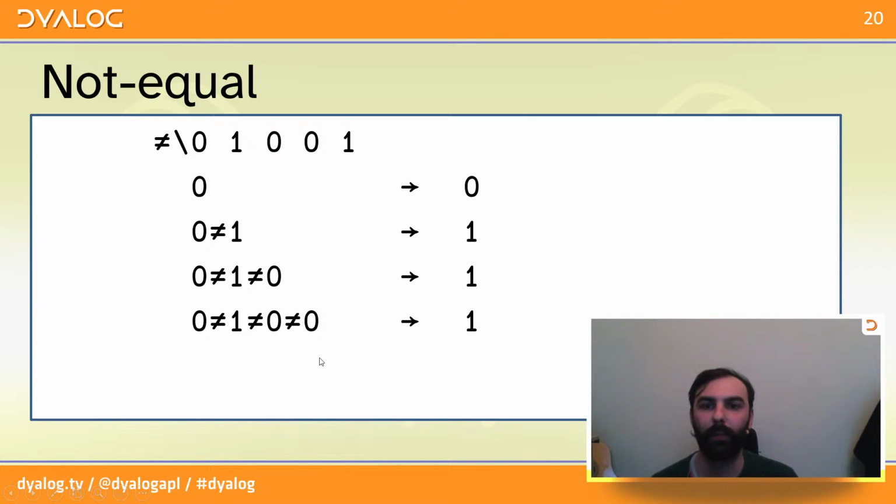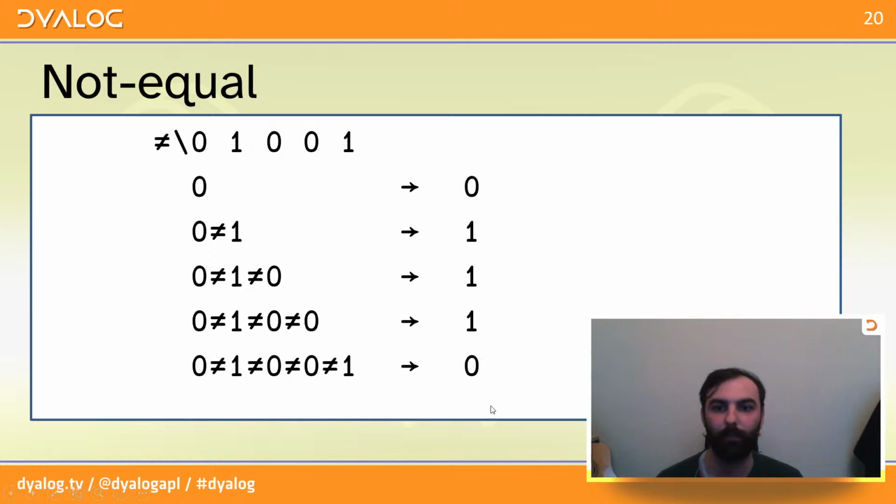Right, similar output, and then it's not until we get to this 1, so there's now an even number of 1s there, so 1 not equal to 0, that's true. 0 not equal to 1, that's also true. 1 not equal to that 1 is now false, and 0 not equal to that 0 is also false. Hence we get the 0 from there.